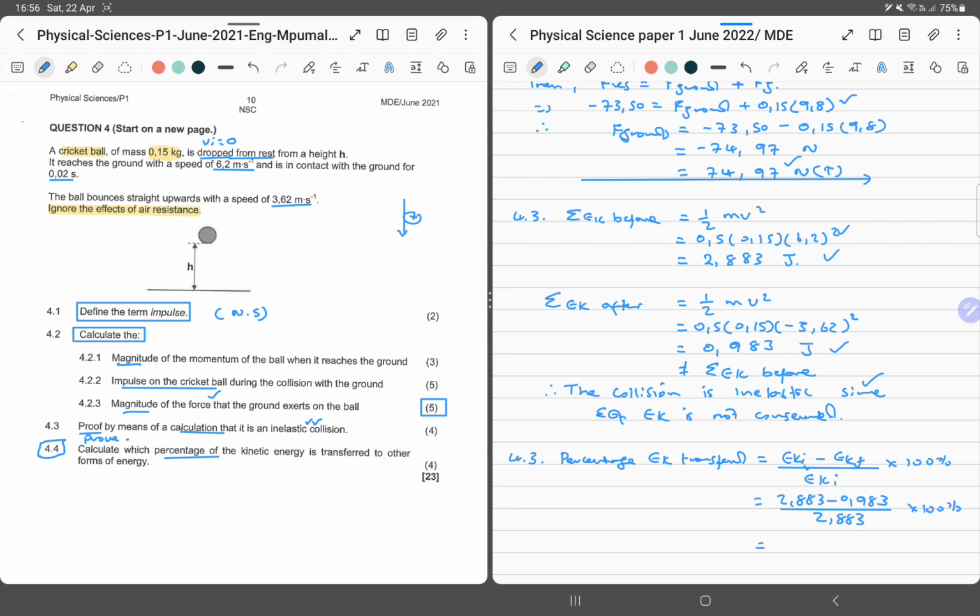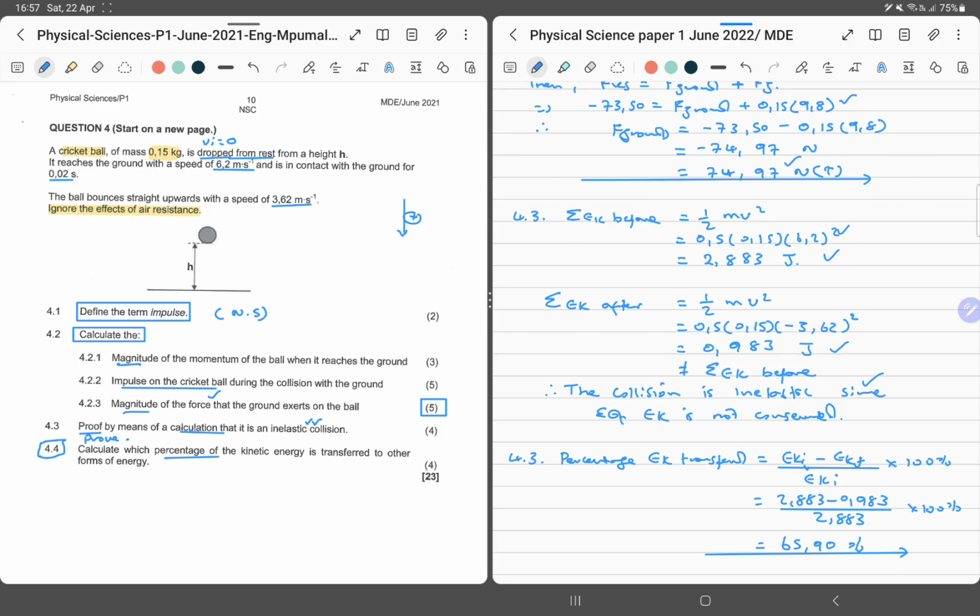Then we multiply by 100. So I'm getting 65.90%.